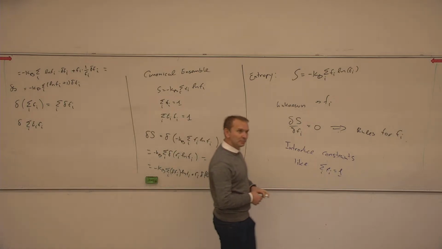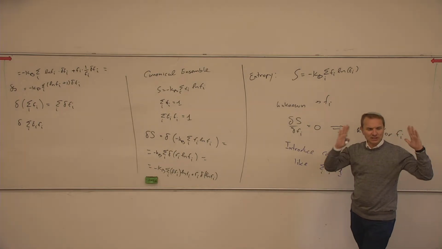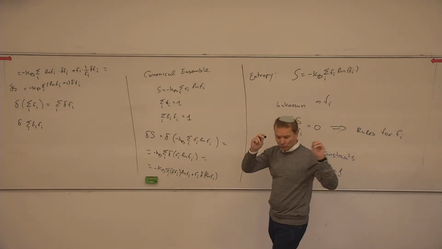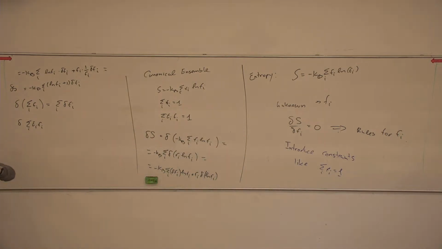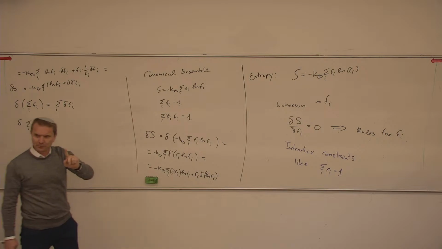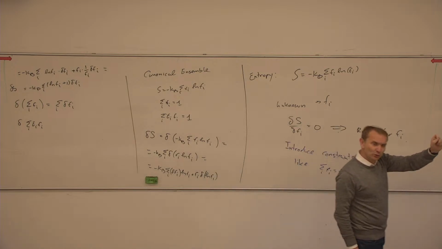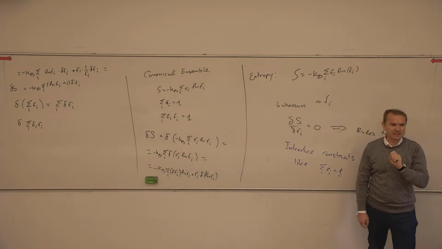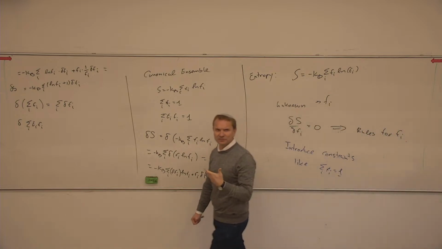And we have to remember the following setting. We have a system, we have energetic levels, or energies, for all the different states. We are not varying the states. We are not varying the system. Right? We're varying the probabilities to find the system in different states. This is the quantity upon which we apply the variation.